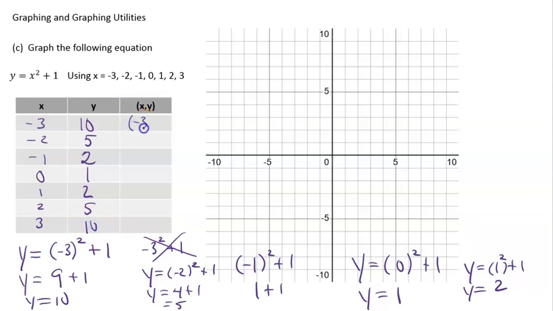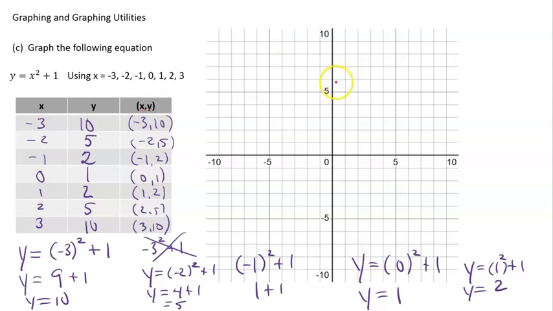Again, if I write these in ordered pair form, just to really send home the fact that one point is a coordinate, it's 2 numbers, or 2 coordinates: 2, 5, finally 3, 10. Let's plot these points. Okay, so the x coordinate is negative 3 and the y coordinate is 10.